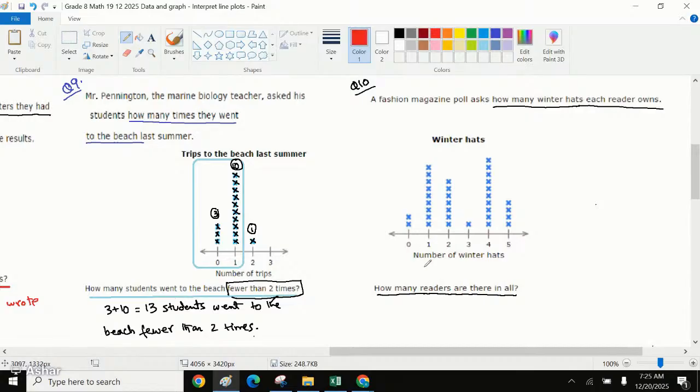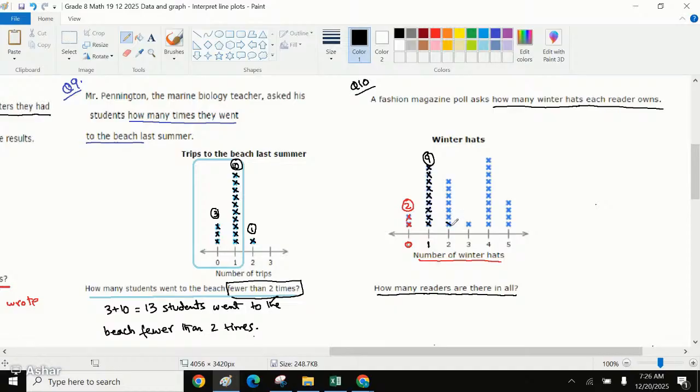So it says number of winter hats owned. 0 hats were owned by how many people? They were owned by 2 people. 2 people did not own a hat. Then 1 hat was owned by 1, 2, 3, 4, 5, 6, 7, 8, and 9. So 9 people owned 1 winter hat.